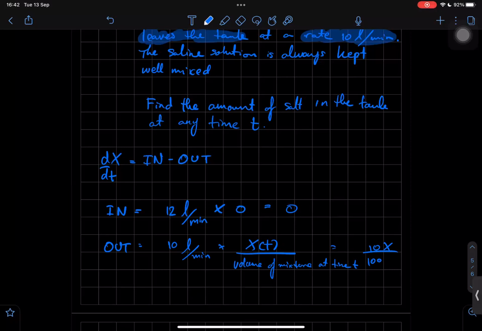And they pour in 12 liters per minute, but the water leaves the tank at 10 liters per minute. So the amount of water inside is going to increase by 2 every minute. So it becomes 10x over 100 plus 2t.